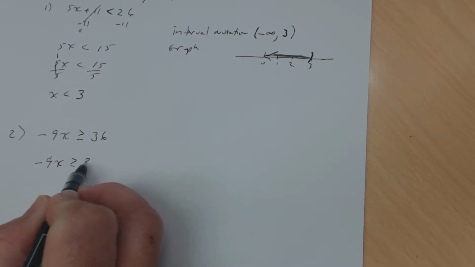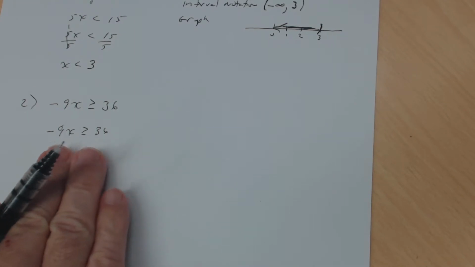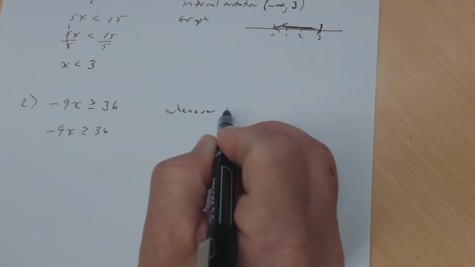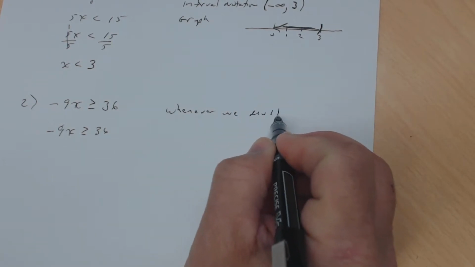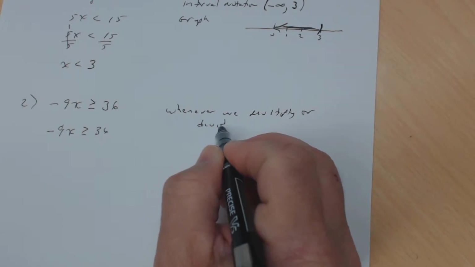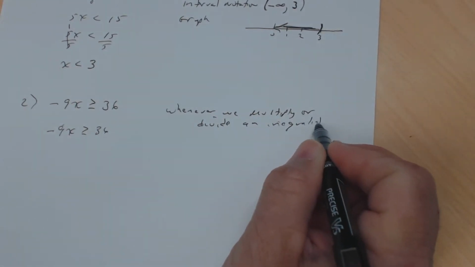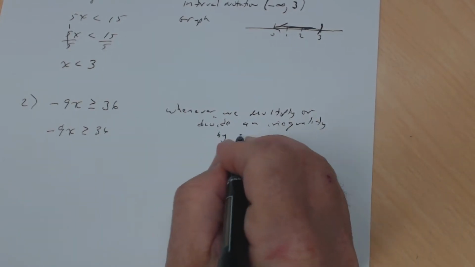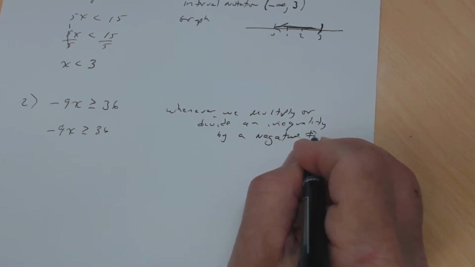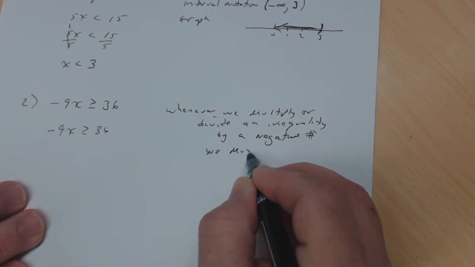So remember, there's a property in the previous course that we saw that whenever we multiply or divide an inequality by a negative number, we must reverse the inequality symbol.